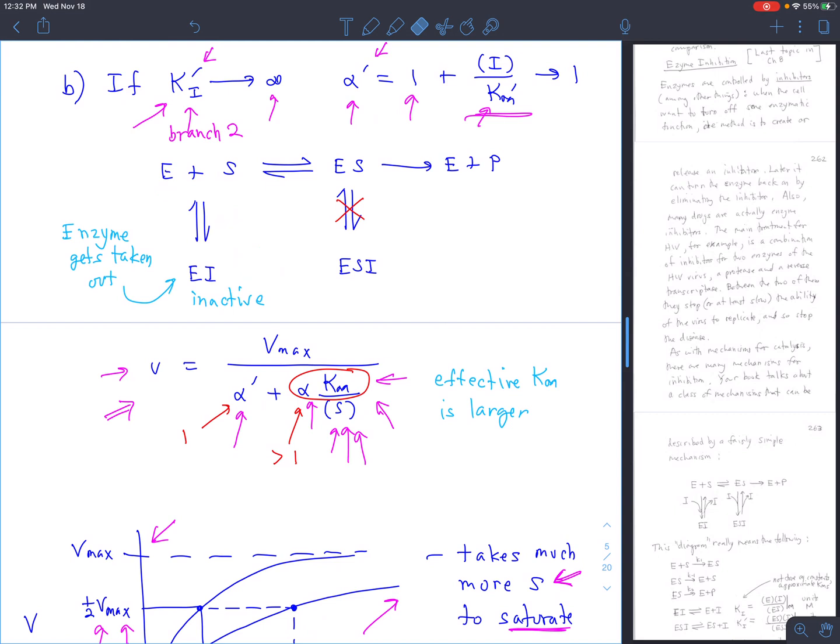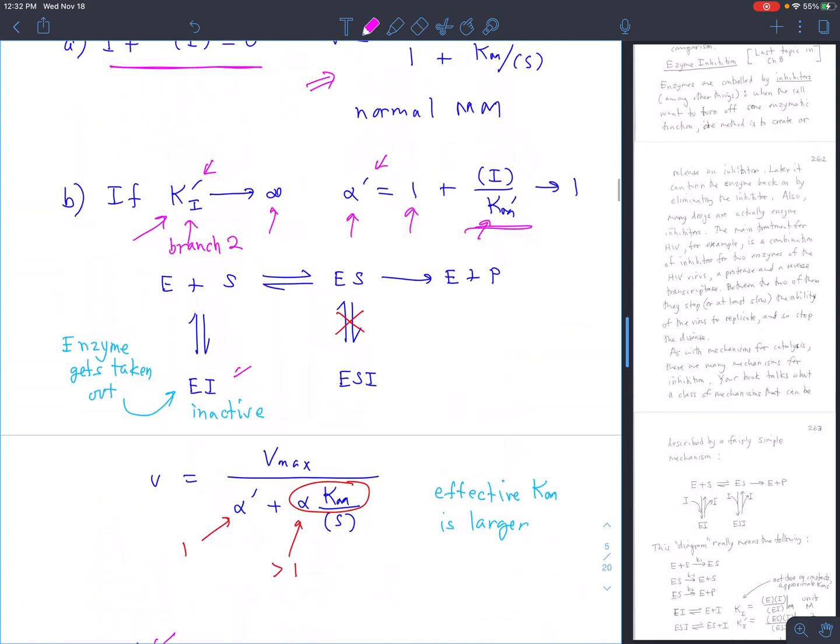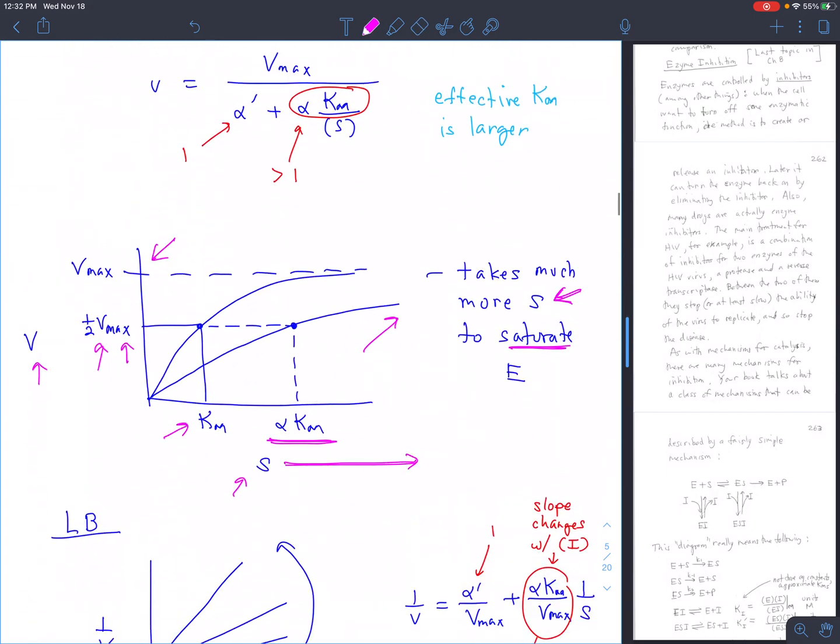And in a laboratory situation, you can control the S concentration. If you're in a cell, you can't, right? Whatever is there is there, and that means that it probably won't be possible to swamp out the inhibitor in real life situations.